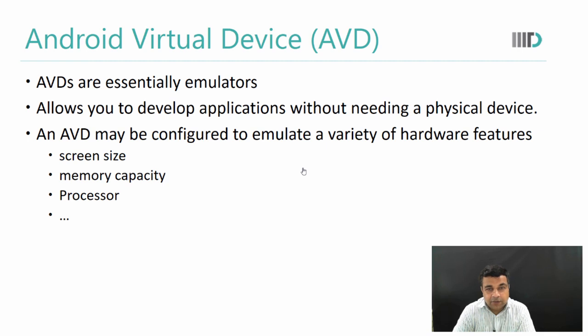And in fact, it is pretty much impossible for somebody to own all the Android devices. However, it is not impossible to create emulators with respect to every device that is available in the market. You may also configure an AVD by specifying different hardware features such as screen size, memory capacity, or processor.